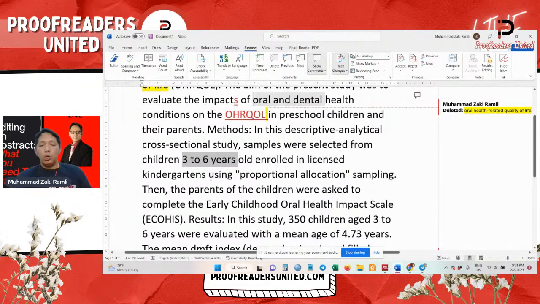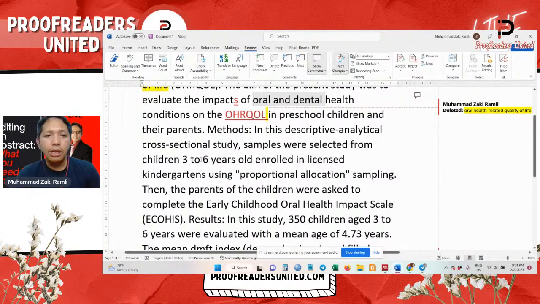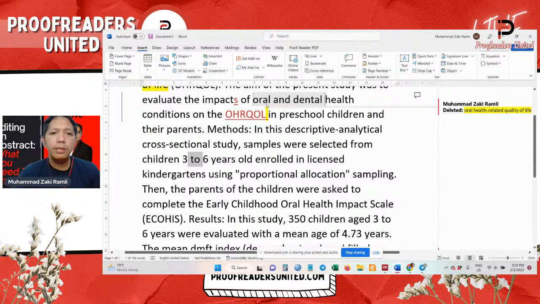Usually, what we can do is change this to an en dash. Where is the en dash? Over here: Insert, Symbol, More Symbols.